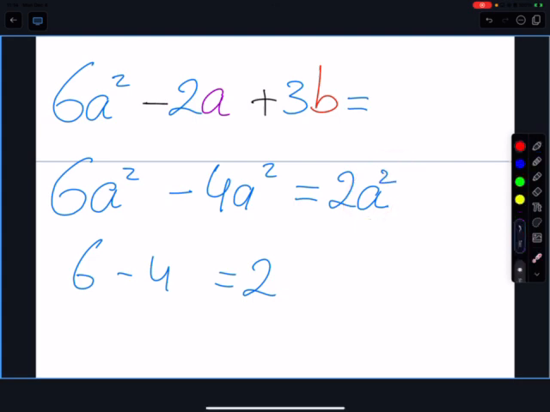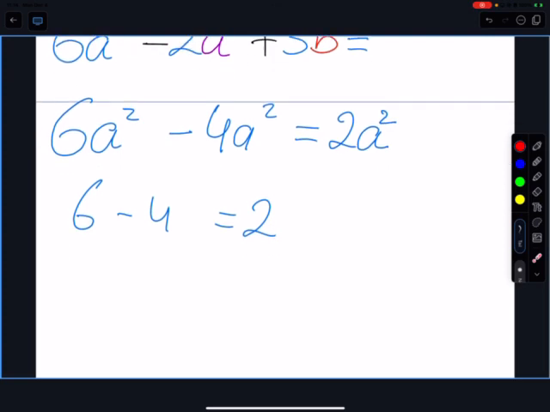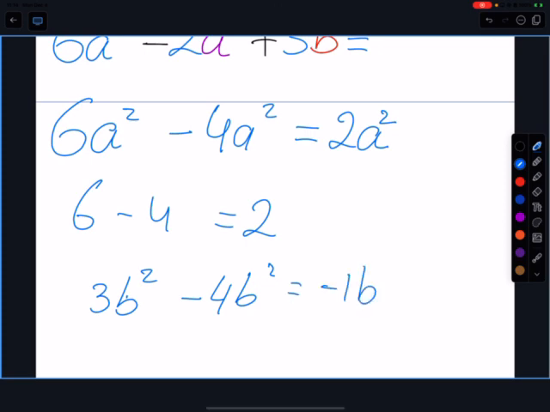It stays there. You subtract the numbers, leave the variables. It can even be negative. So for example, negative 3b squared minus 4b squared. So your answer is negative 7b squared. It can also be negative.